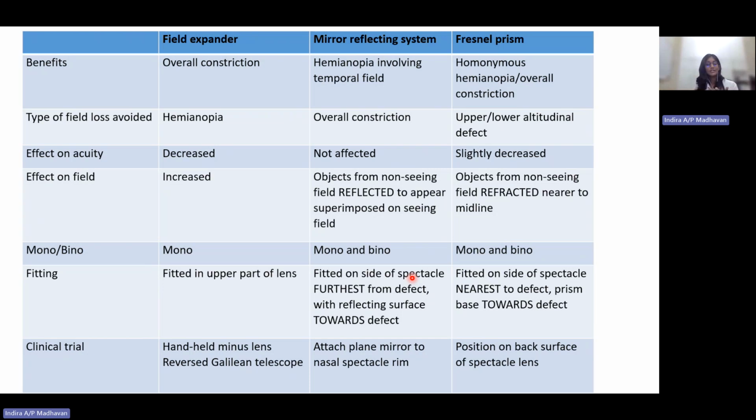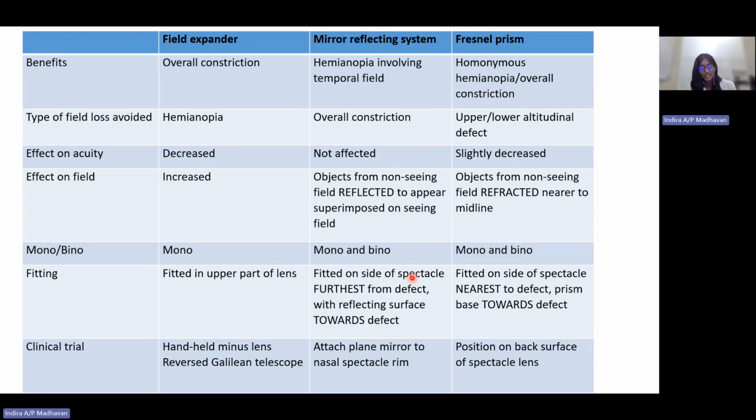So it can be stuck to the spectacles in a very easy way. You just need to immerse the lenses and the Fresnel prism, which is already cut according to the shape of the spectacle.